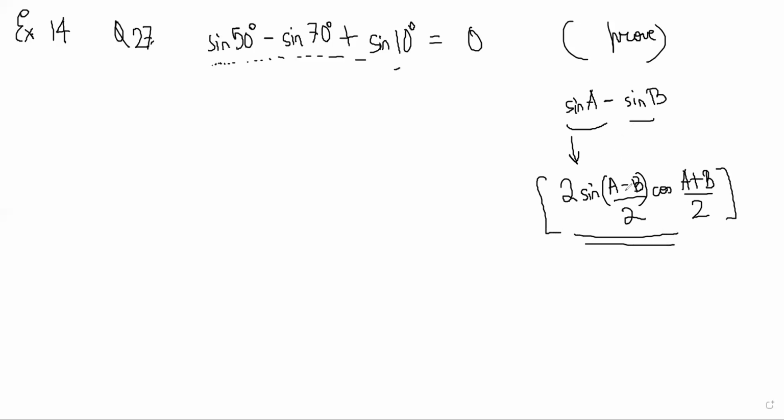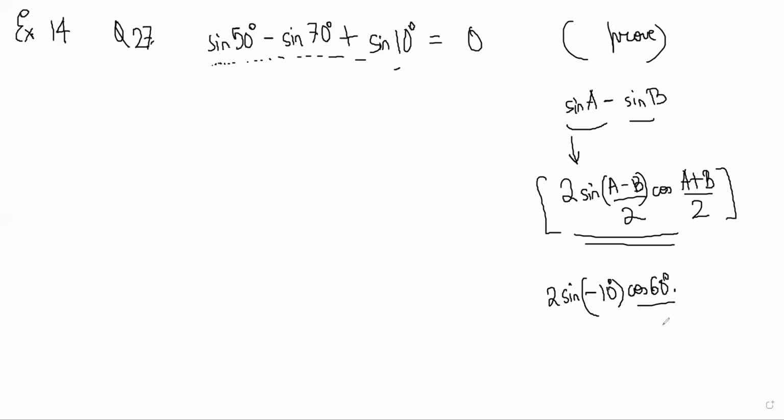Yes, sir. So you need to know how to get the formula. So what will come here? 2 sine of 50 minus 70, which is minus 20 by 2, so minus 10, and cos of 50 plus 70, 120 by 2, which is cos 60 degree, right? So you can substitute the value of cos 60.